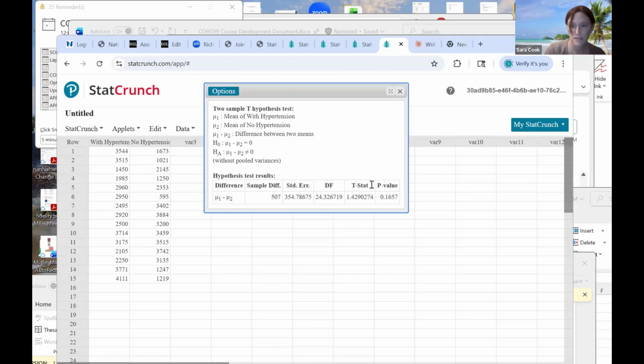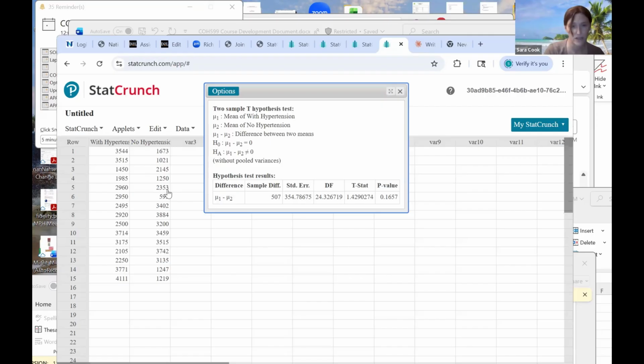But statistically, we cannot conclude based on this data that there's a difference between the birth weights of those with hypertension with those without hypertension. Okay. And what this is saying is we could have had a difference as large as 507 grams just by chance alone. Okay, and you can see there's quite a bit of variability here in the birth weights.